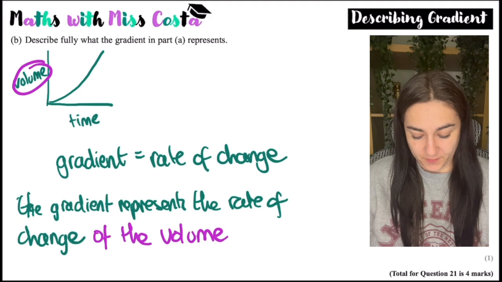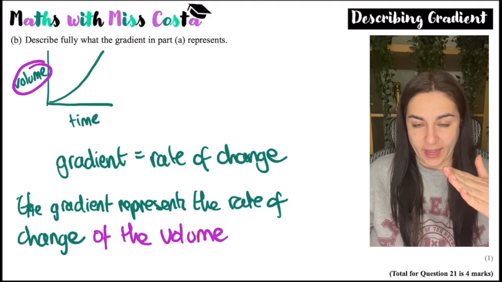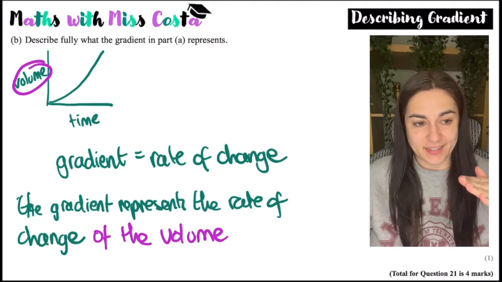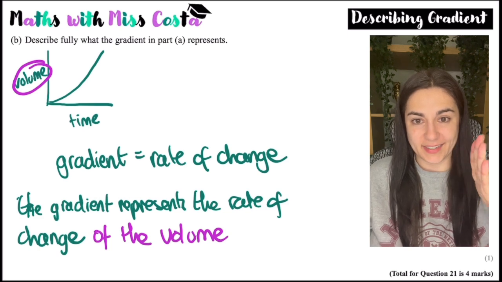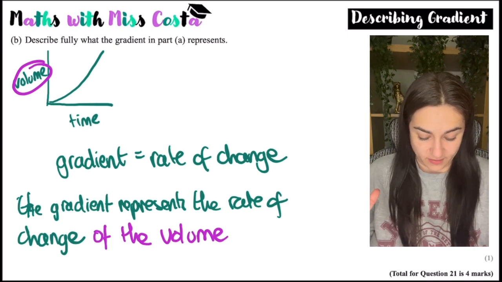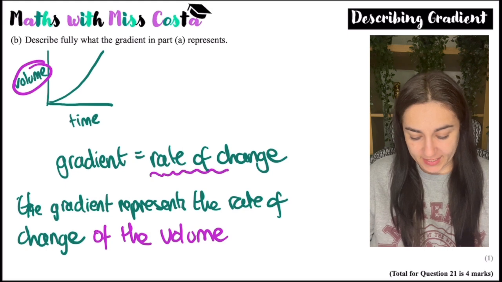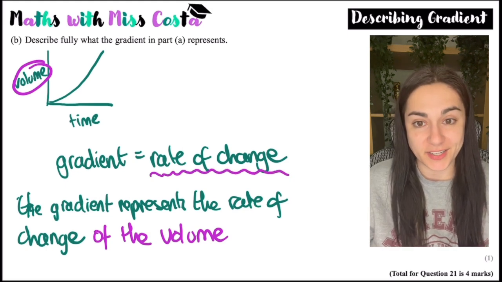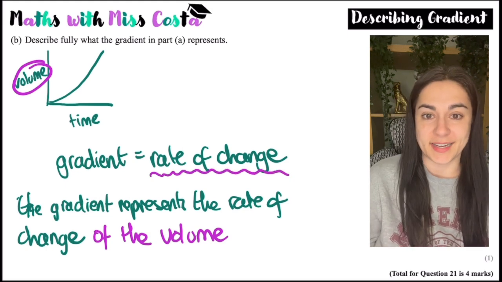Okay, so essentially how much water is being added at what rate into the container. So gradient is generally representative of the rate of change, and then you just put it into context.